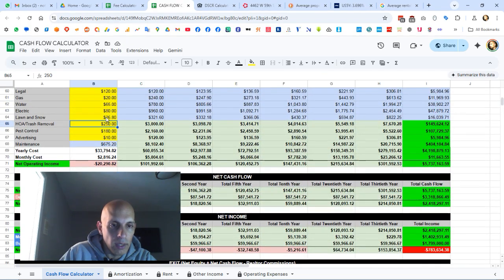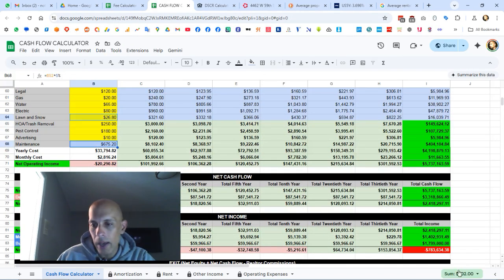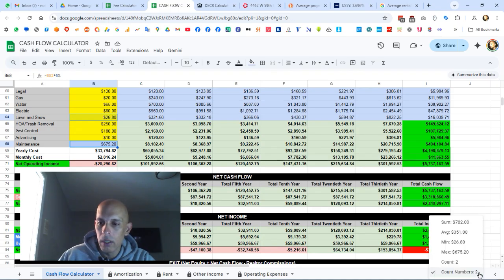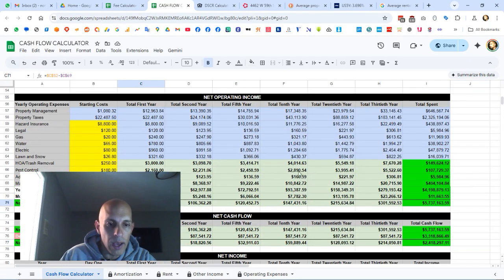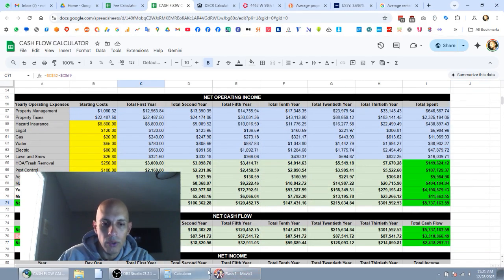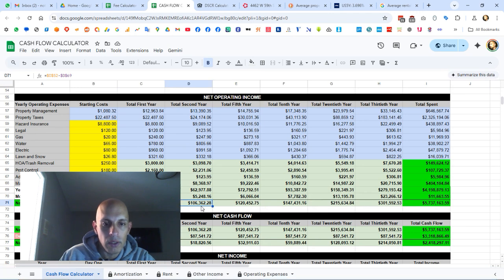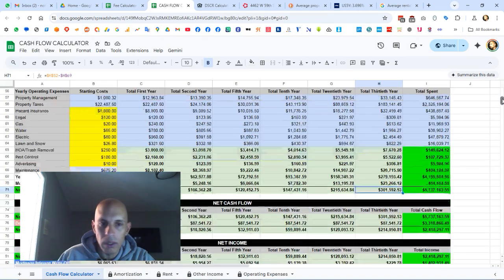The important thing is that these two numbers add up to 702, as you can see on the bottom right corner here. So in terms of net operating income, we're at 101,992 for the first year, second year 106, and you can see it all the way through the 30th year.